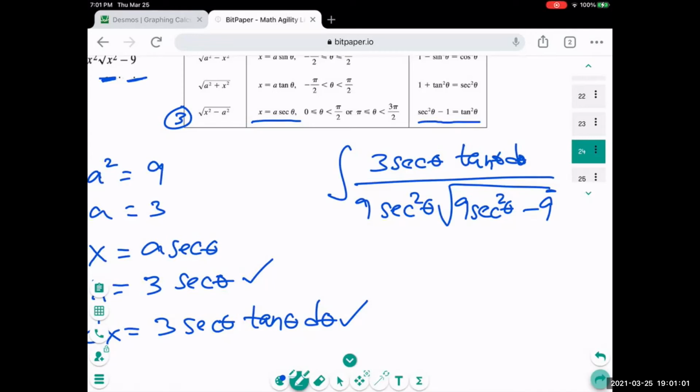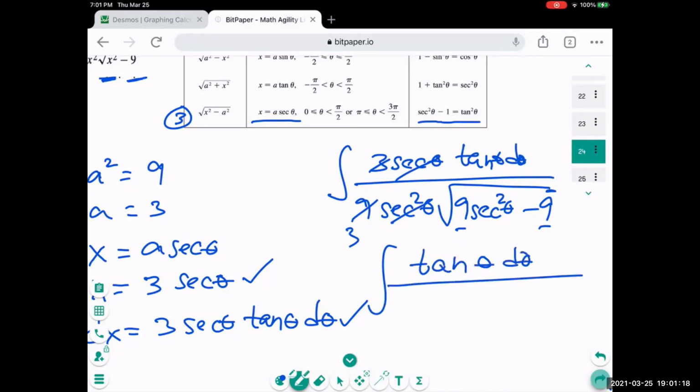So let's factor out 9 from the expression. This cancels out to 3, right? And one secant is cancelled, so what remains on top is tangent theta d theta. So you have 3 here, and then there's 1 secant theta. And then we factor out the 9 inside, which would become secant squared theta minus 1, right?